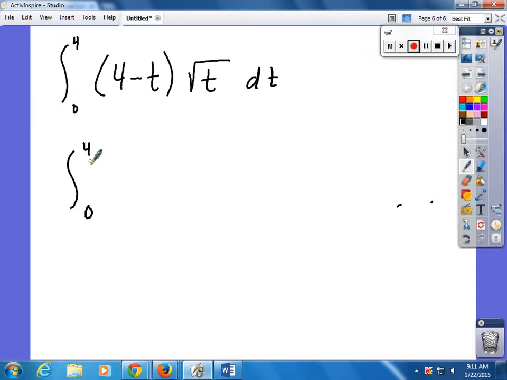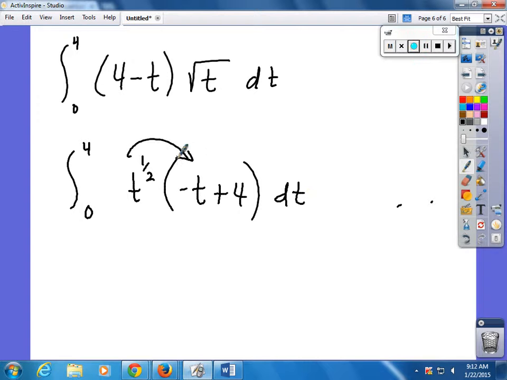And look what else I'm going to do. T to the 1/2 times negative t plus 4. And what did I do there? I put everything in the order that you were used to seeing. Now what am I going to do? Distribute.